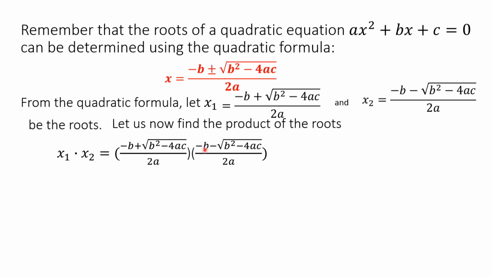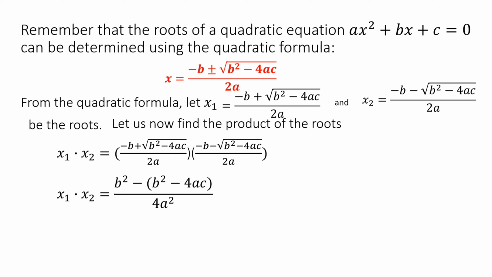So we just focus on the difference of two squares. We square this negative b, we copy the sign, we square this one. So ang magiging result niyan ay b squared minus the quantity b squared minus 4ac all over 4a squared, since 2a times 2a, 4a squared ang denominator.